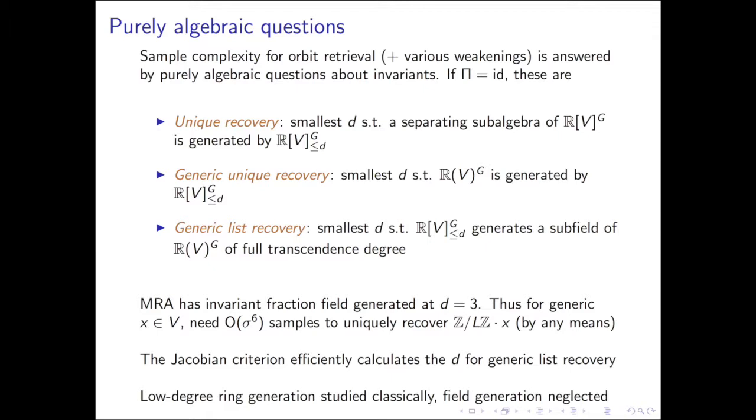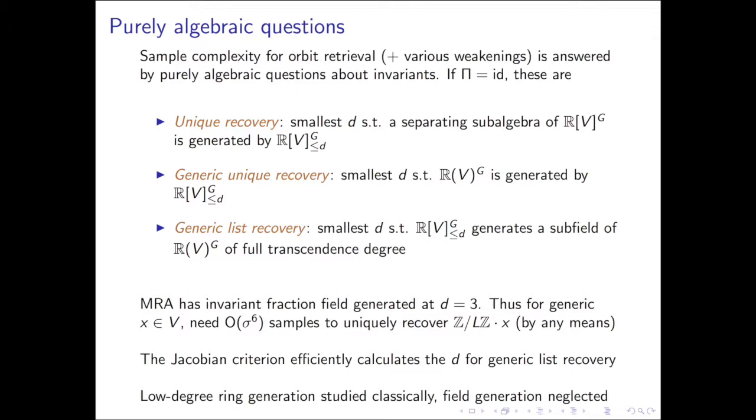Because I told you how to get back the orbit, provided that x hat had all non-zero entries. So I showed generic unique recovery. So then the theorem tells you that you need on the order of sigma to the 6 samples to recover the ground truth by any estimation procedure for MRA.